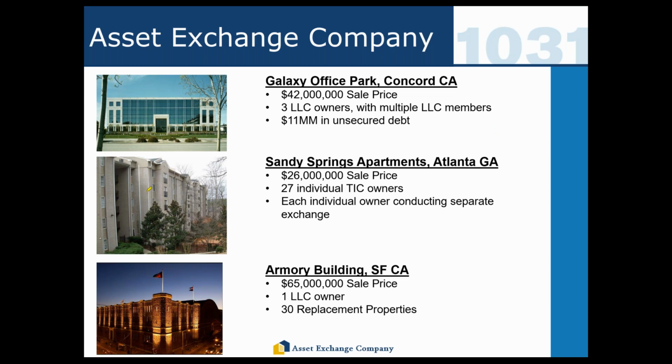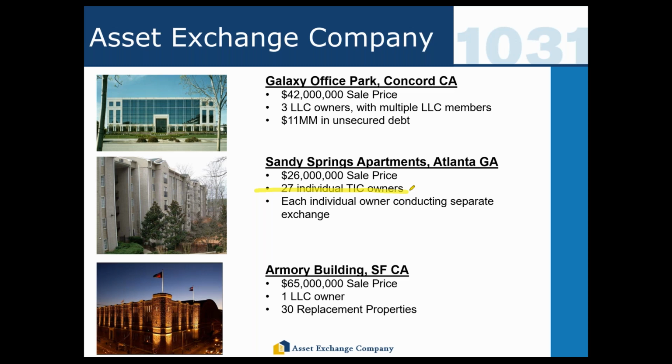Now, let's take a look at the second property here on the board. This is the Sandy Springs apartment building in Atlanta, Georgia. And this was a $26 million sale. And the reason why I talk about this particular property in all of my presentations is because it was owned by 27 individuals. And ladies and gentlemen, when it comes to 1031 exchanges, the IRS says that the taxpayer who owns the real estate is the taxpayer who can exchange the real estate.